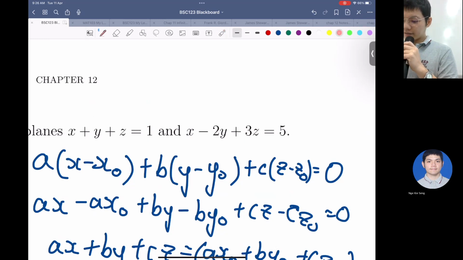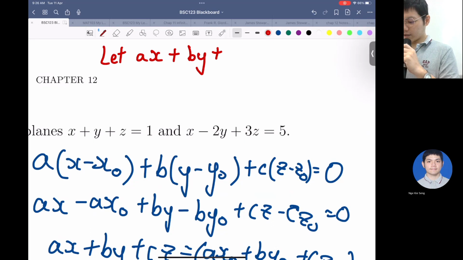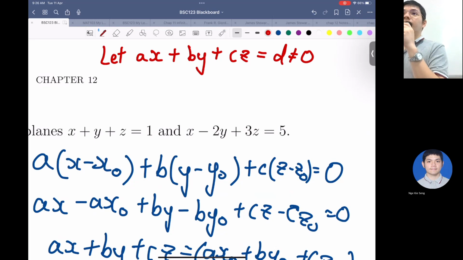One simple case I know what to do. This answer I addressed to him, so you guys can try to understand what I want to say. Let's put it this way: ax plus by plus cz plus d equals 0. This is a bit advanced, but if you want me to tell the story, let's say this d is not equal to 0.